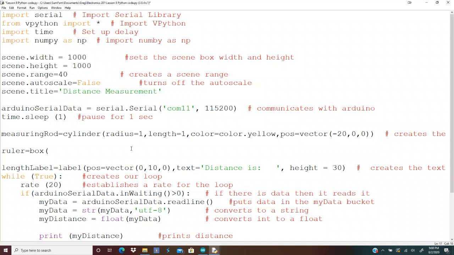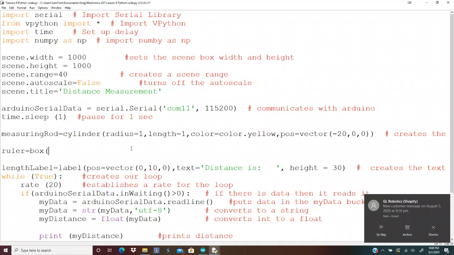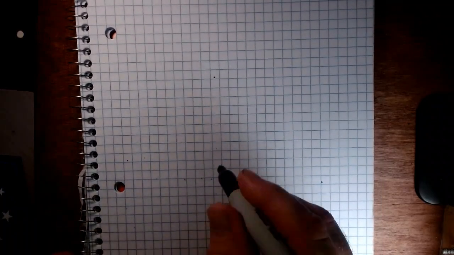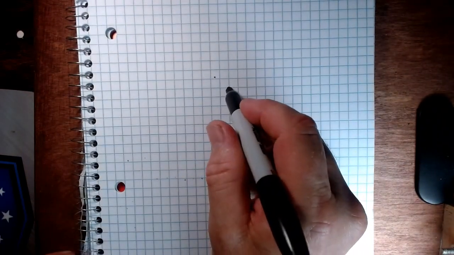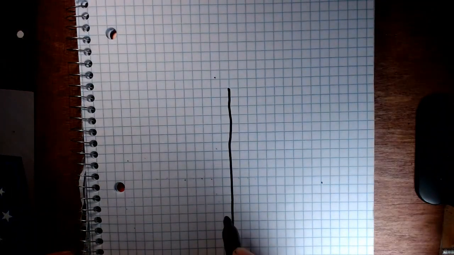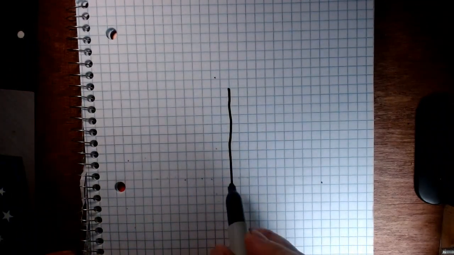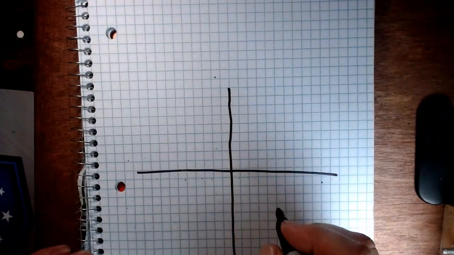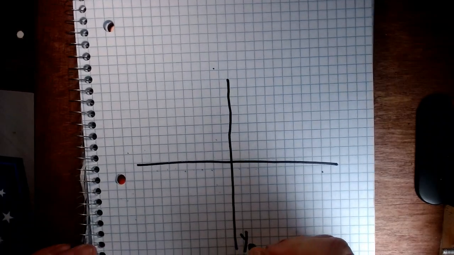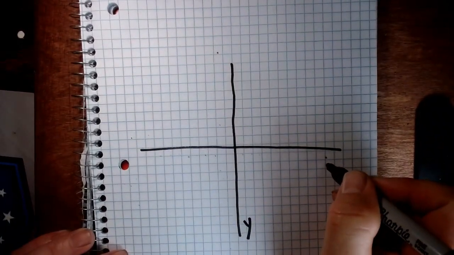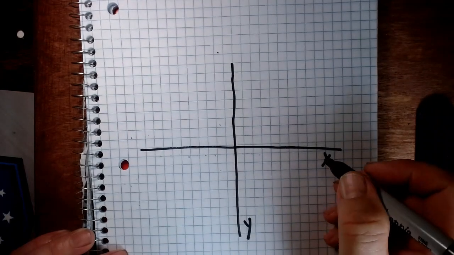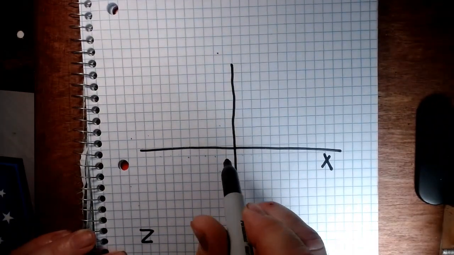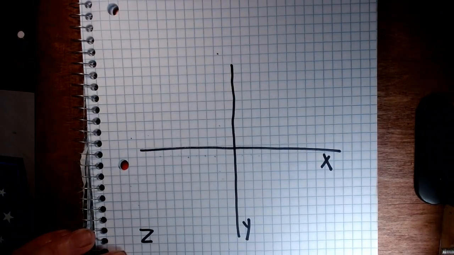So, you know, we should probably take a look at this. Let me get this set up. So I have our trusty graph paper here. And you remember in our virtual world, we have our y-axis here, and then we have our x-axis, and then we have our z-axis, which runs in and out of the paper, right?